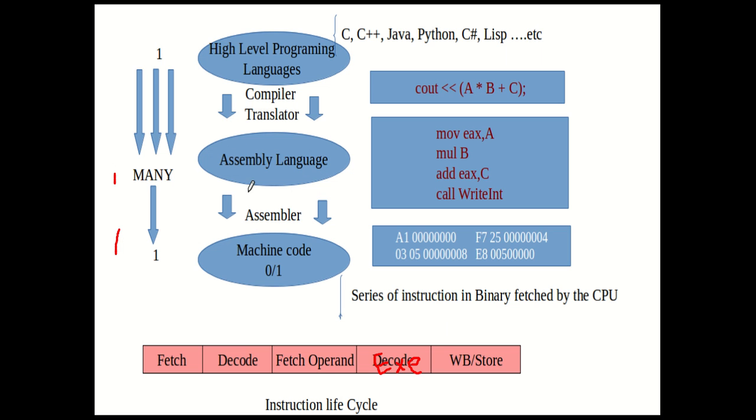It's a regular mapping, nothing is added between the assembly and the machine language. This job is done by the assembler, and there are many different types of assemblers. The translation from high level languages to assembly language is done by a compiler.